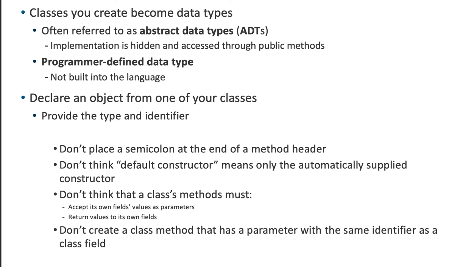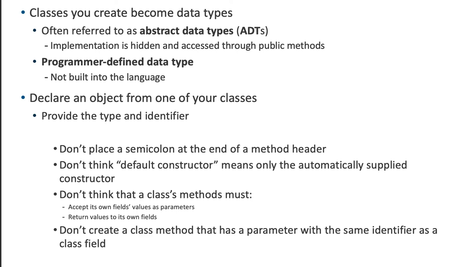Don't think that a class's method must accept its own field's values as parameters or return values to its own fields. When a class contains both fields and methods, each method has direct access to every field within the class. Don't create a class method that has a parameter with the same identifier as a class field.